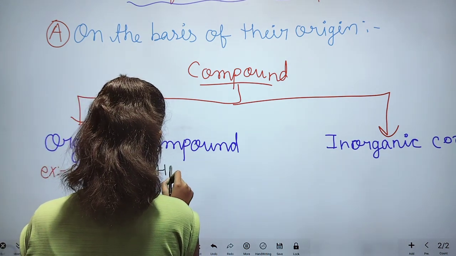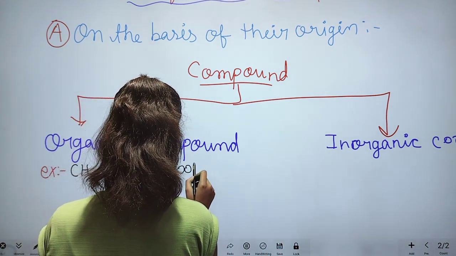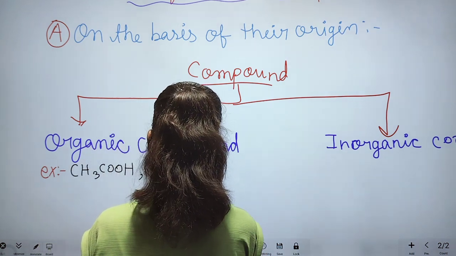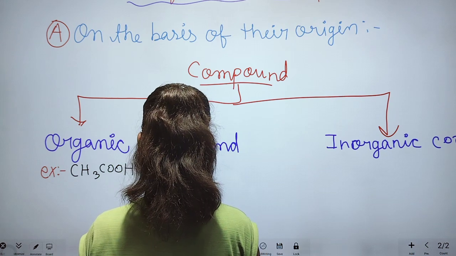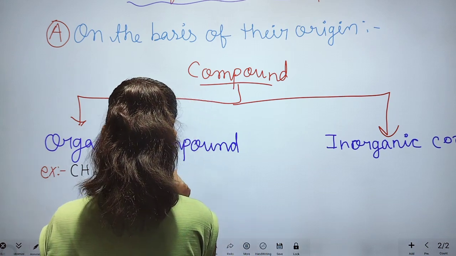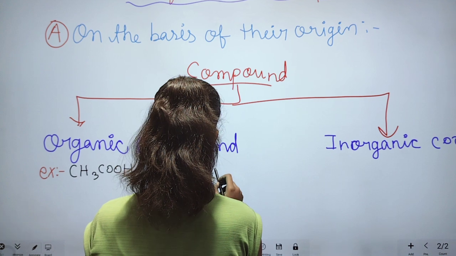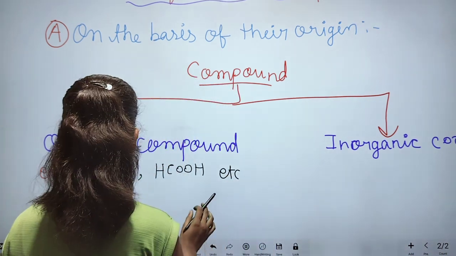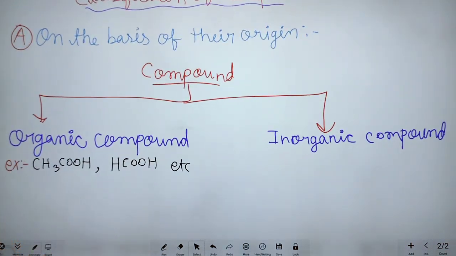And HCOOH, this one is formic acid. And there are many examples of organic compounds. And now let's see an example of inorganic compounds.